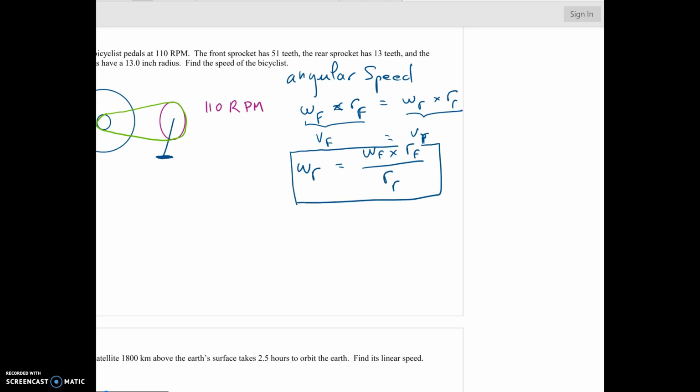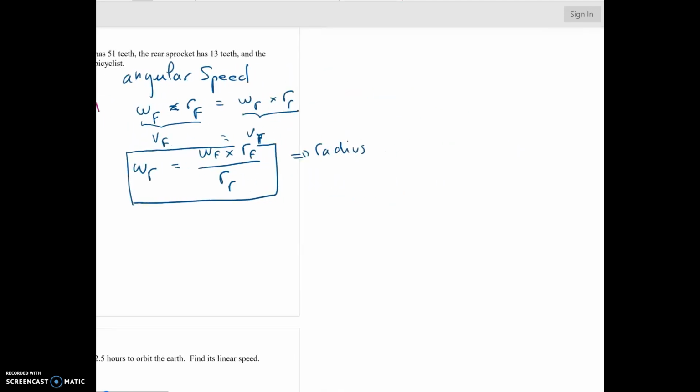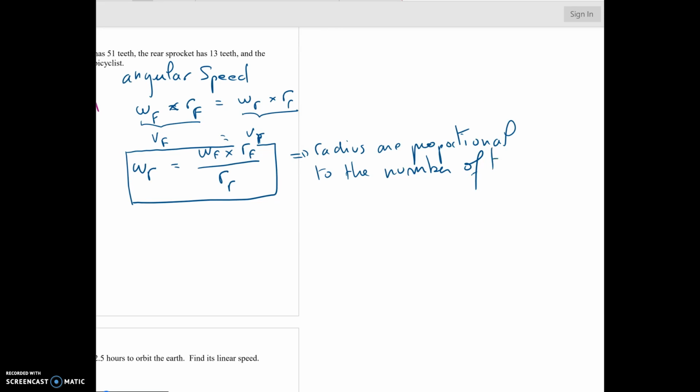All right. The radius is proportional to the number of teeth. Okay, the radii are proportional to the number of teeth.